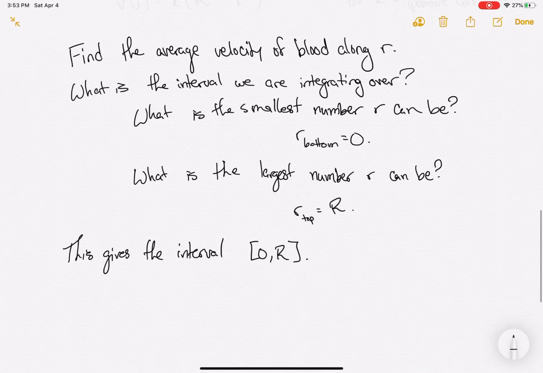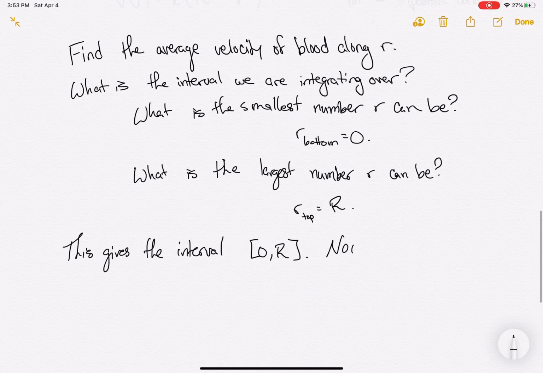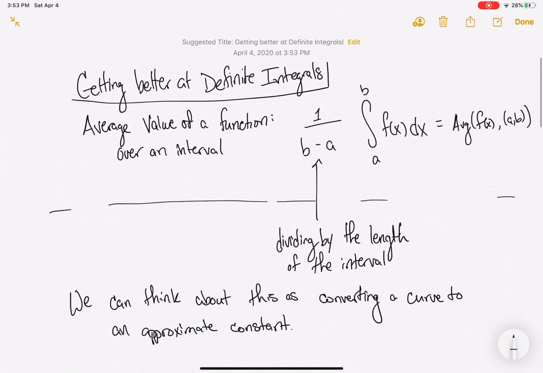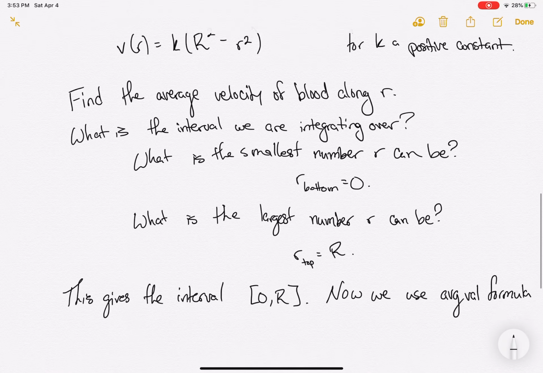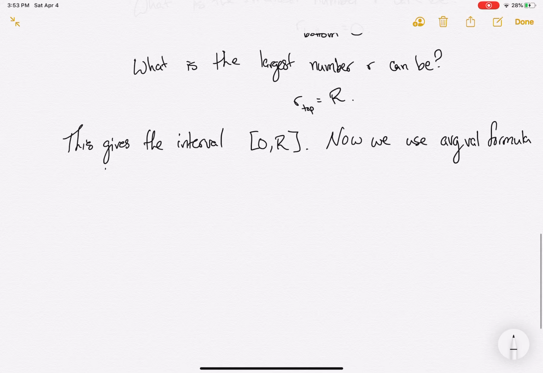So now we can use the average value formula all the way at the top here. You integrate over the interval and you divide by the length of the interval, to get average velocity equals 1 divided by capital R, right?